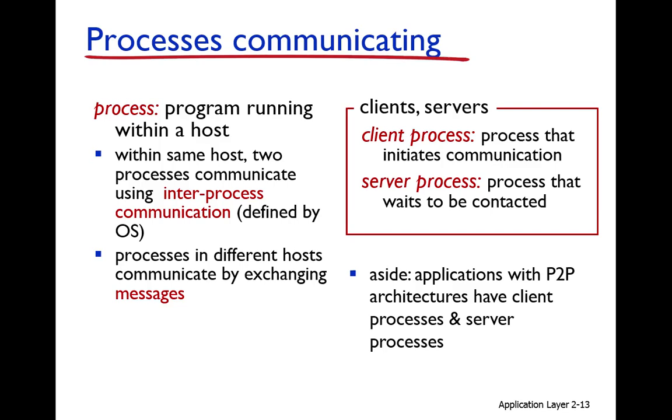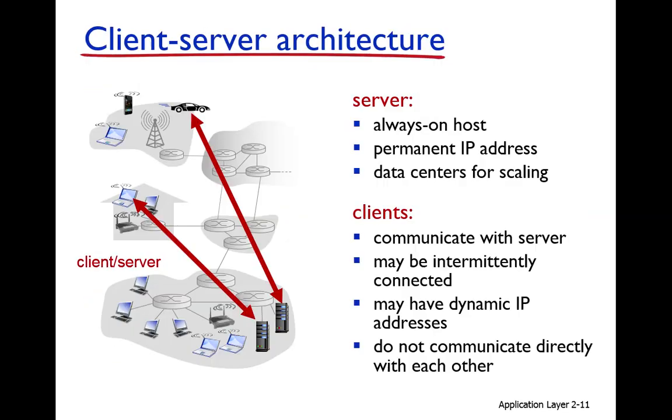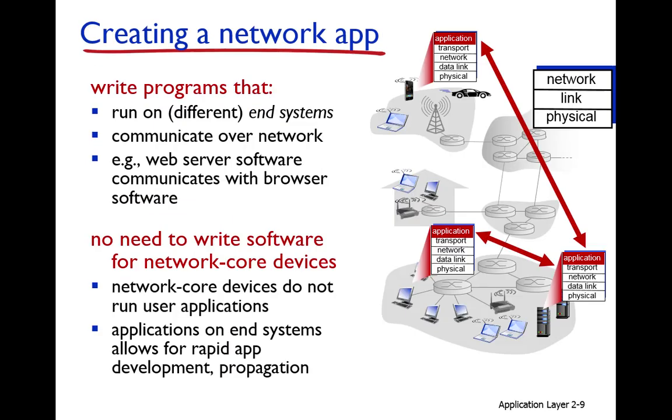Now, if you remember, we have discussed what a network application is. A network application consists of programs that are written in a language. Their difference is that these programs communicate with other programs that are running on some other end systems.